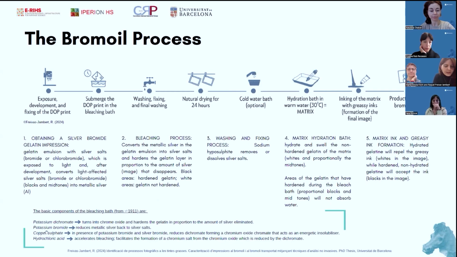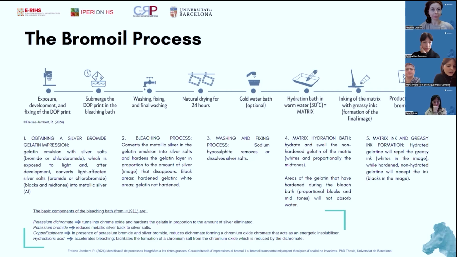Potassium dichromate, which hardens the gelatin in proportion to the amount of silver eliminated, potassium bromide, which reduces metallic silver back to silver salts, copper sulfate, which reduces dichromate and acts as an energetic insolubilizer, and hydrochloric acid, which accelerates the bleaching process.